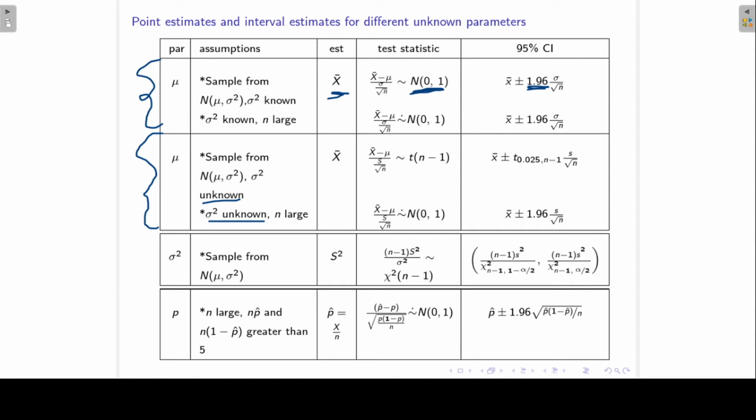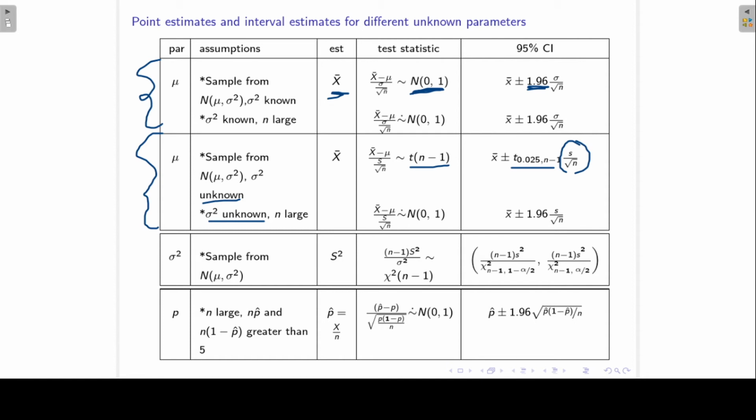And this statistic follows the t-distribution with n minus 1 degrees of freedom. So if we set up our confidence interval, you will see that my critical value now comes from the t-tables and not from the normal or the z-tables. And I multiply with s over square root n because I do not have sigma, the population standard deviation.